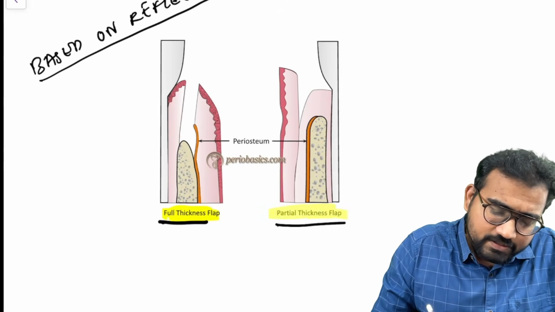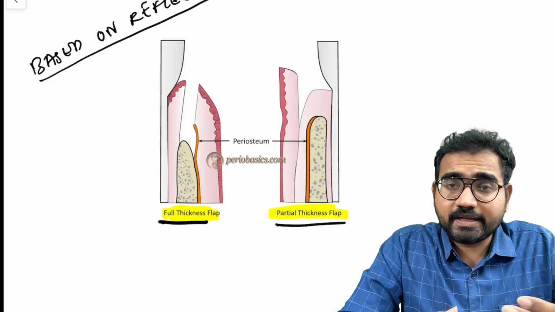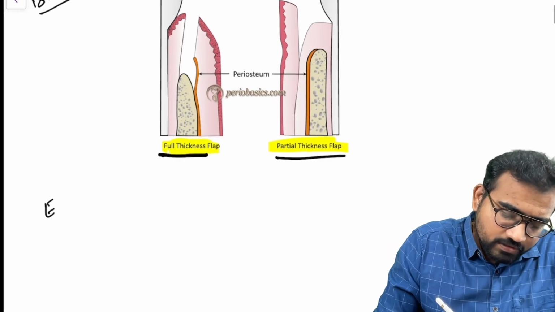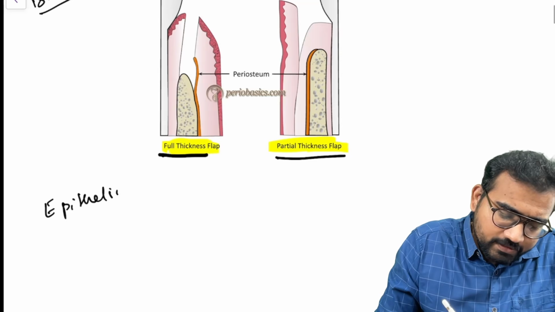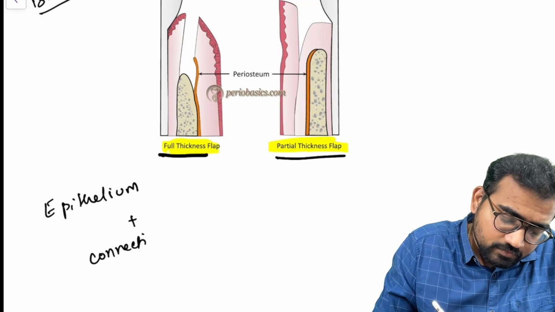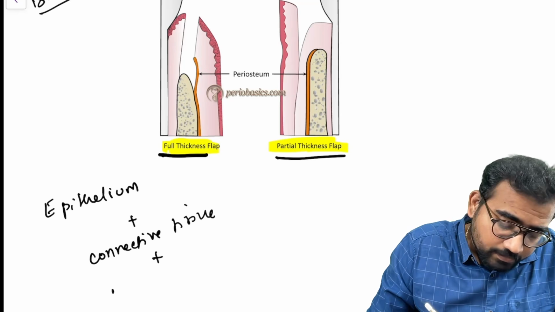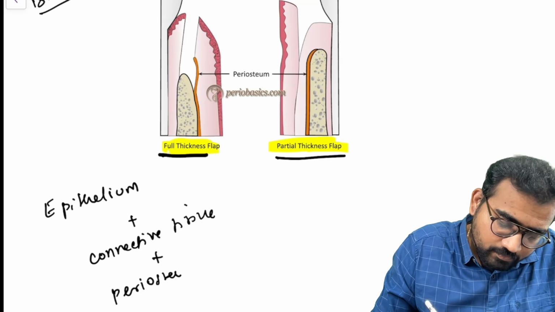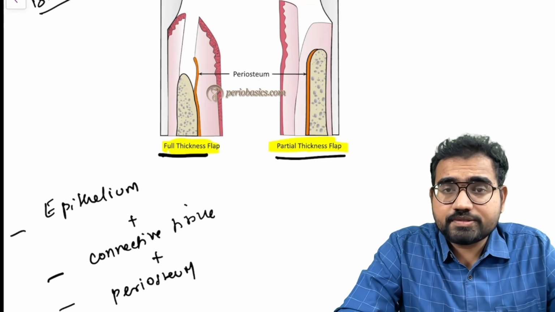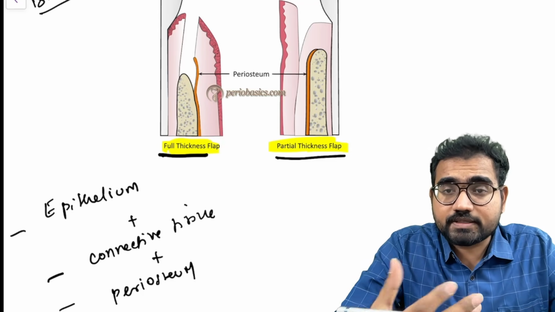If I elevate the epithelium, the connective tissue and the periosteum, all these three, then that becomes a full thickness flap.